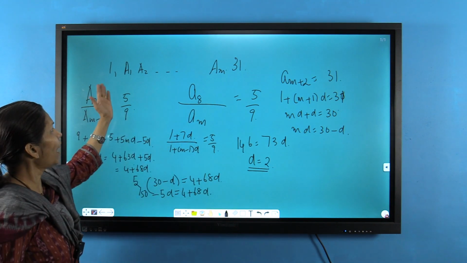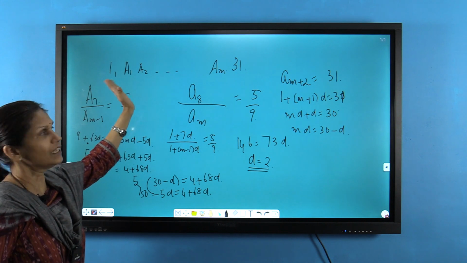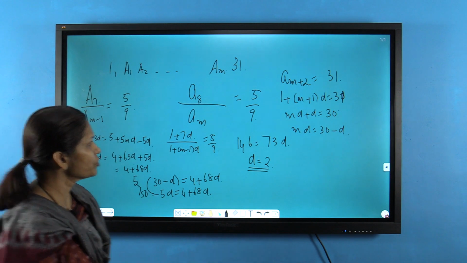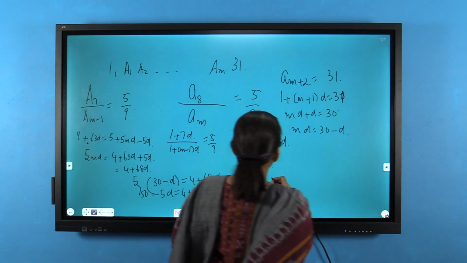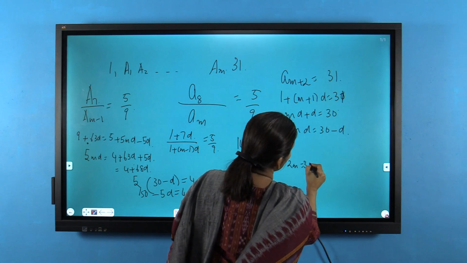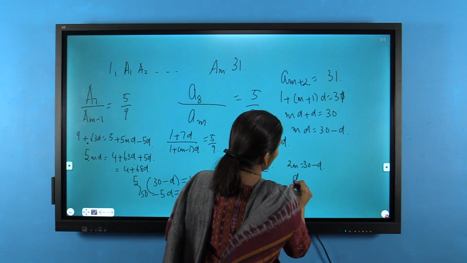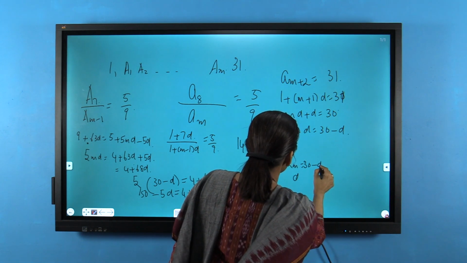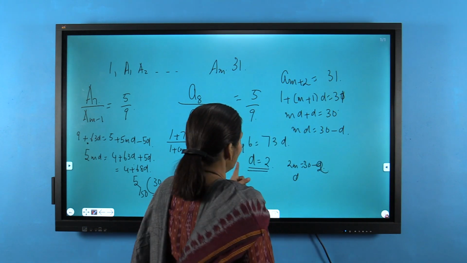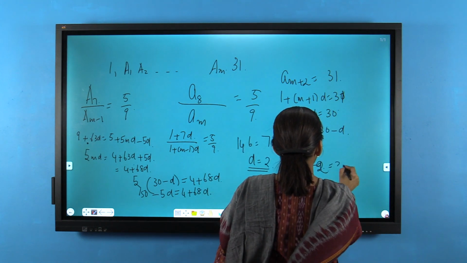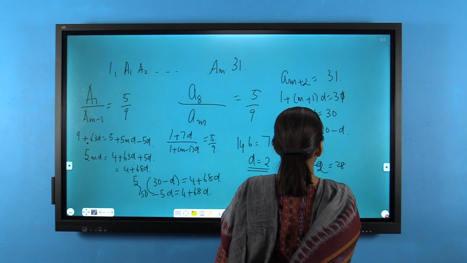So, you keep on adding 2 to get these m terms, and what is the value of m? You can substitute in one of these equations to get m into 2, that is 2m is 30 minus d, making it 30 minus 2. 2m is 28, m is 14.